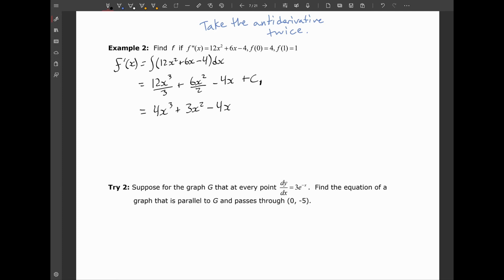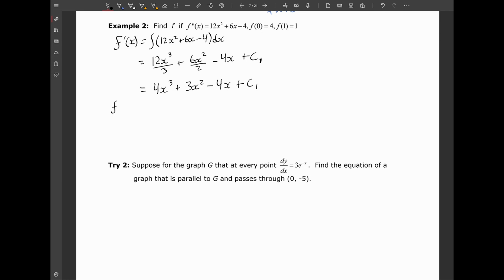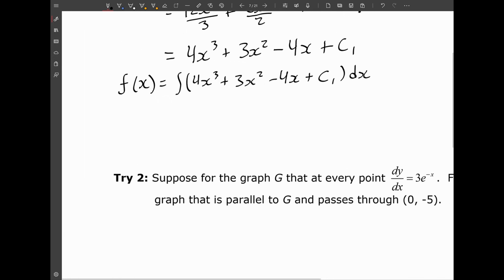minus 4x plus c1. Okay, now, if I take the antiderivative again, if I want to find f of x, that's just going to be the antiderivative of what I've got here, which is 4x cubed plus 3x squared minus 4x plus c1 dx. So the antiderivative there is going to be 4x to the power of 4 over 4 plus 3x cubed over 3 minus 4x squared over 2.